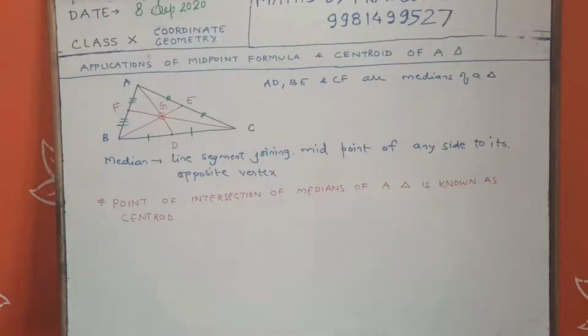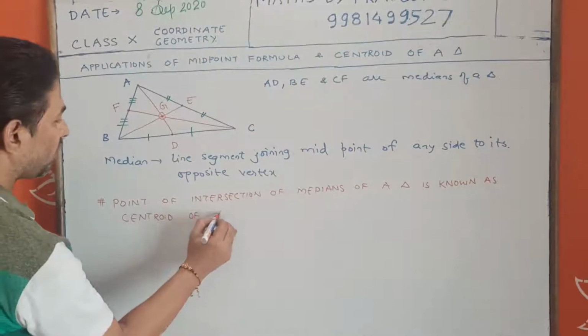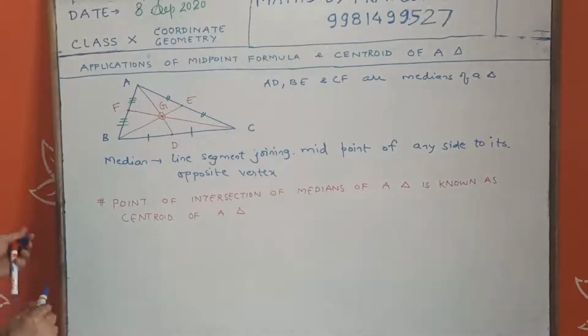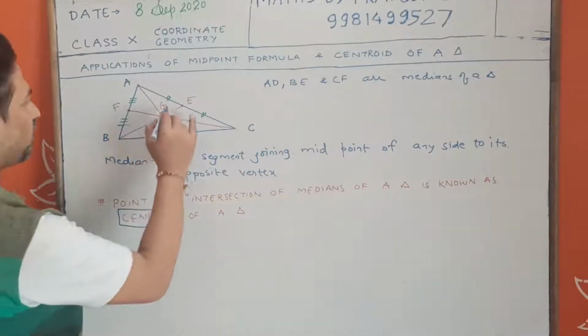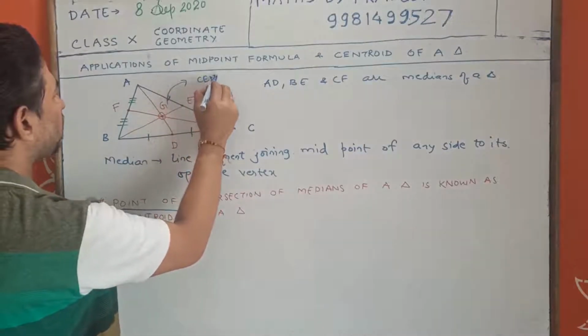Point of intersection of medians of a triangle is known as centroid of a triangle. So here the centroid is G. This point G is the centroid of triangle.